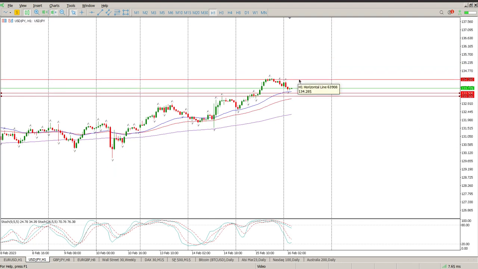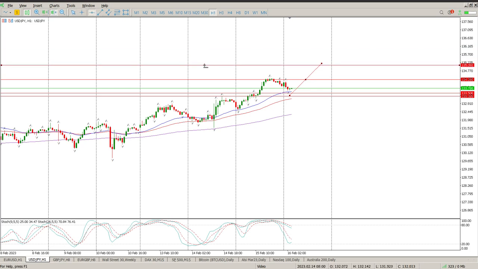First target is going to be 134.285, but then there should be a measured move of something like that into 135.063.